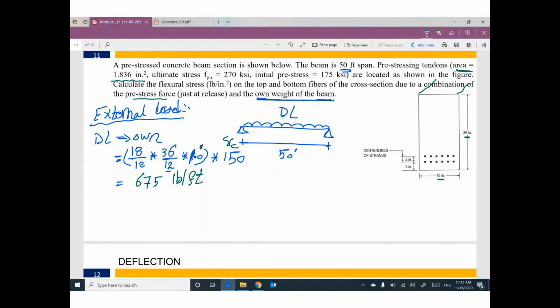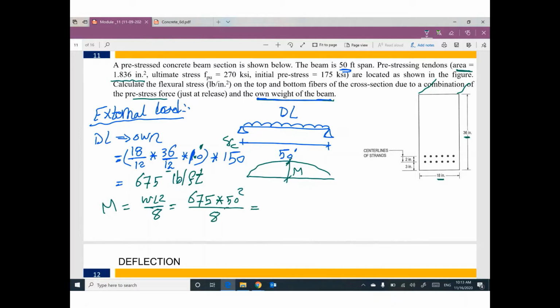So the bending moment due to the effect of this unweight will be a parabola. M maximum equals WL squared divided by 8. W is 675, L squared is 50 feet squared, divided by 8.